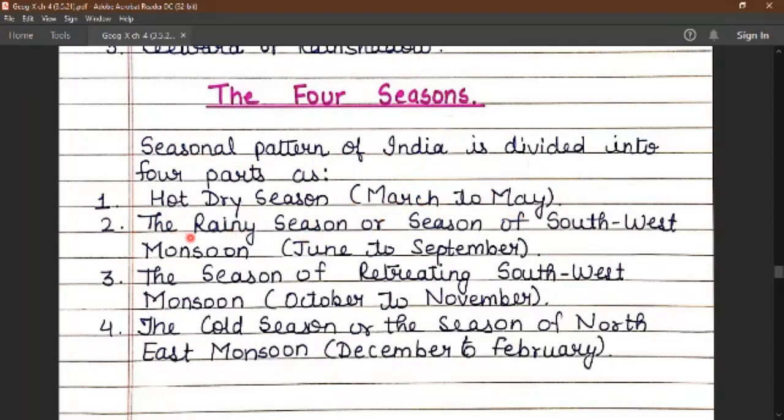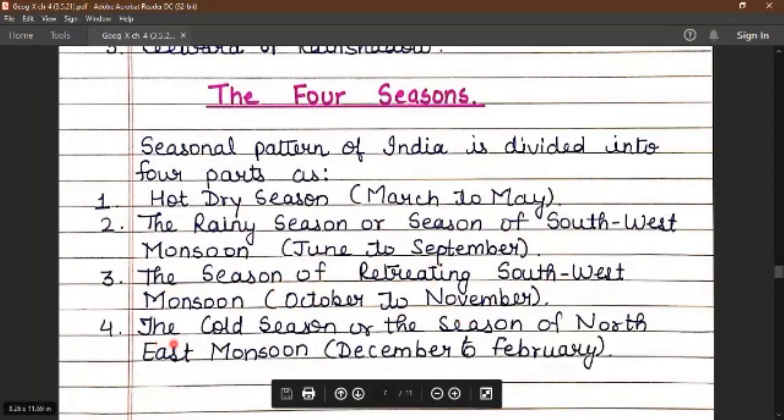Second, the rainy season or the season of southwest monsoons, June to September. Number 3, the season of retreating southwest monsoon, October to November. And the cold season or the season of northeast monsoons from December to February.